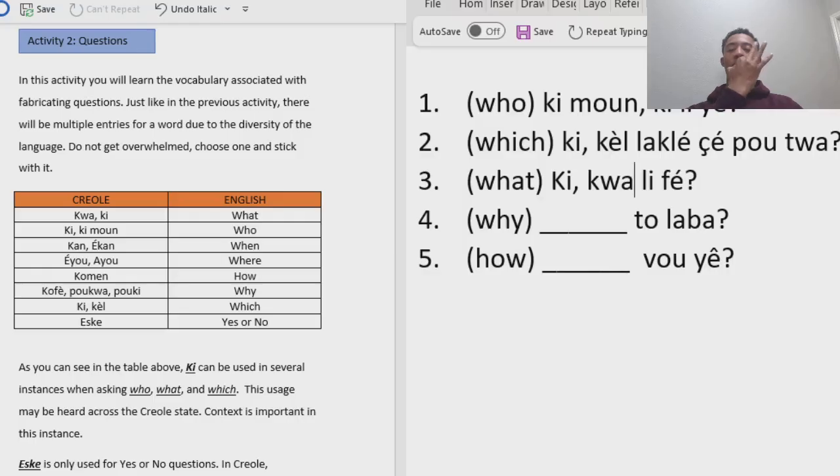There's a third one. Ça. Qui l'y fait? Quoi l'y fait? Ça l'y fait. What did he do? Ça l'y fait.